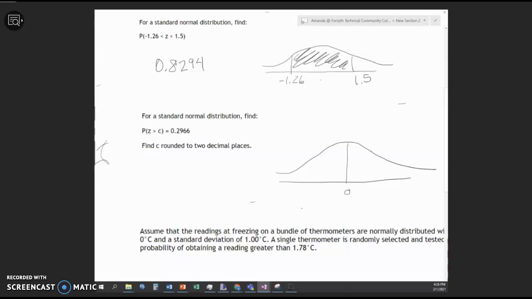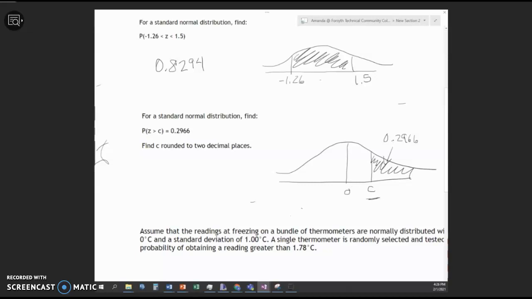We want some constant c so that this area above is equal to 0.2966. For this type of problem, we're going to use a different function on our calculator: the inverse norm.